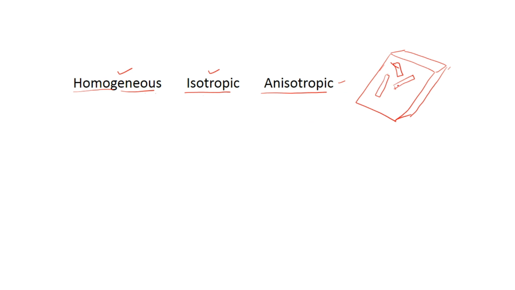If the properties are the same in all directions, the material is isotropic, and steel is an isotropic material. Steel is also a homogeneous material, because in a homogeneous material the properties are the same at all points in the body. It means if we measure a property at this particular point, or this point, or this point, the properties will remain the same. That is the meaning of a homogeneous body.